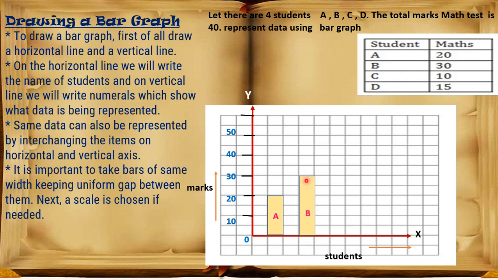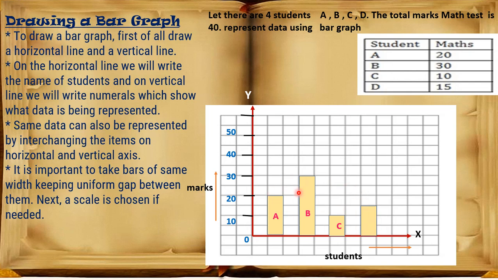Similarly, student C scored 10 marks, so starting on the x-axis our rectangle goes up to height 10. For student D, the score is 15, so our rectangle goes up to the height 15 on the y-axis.